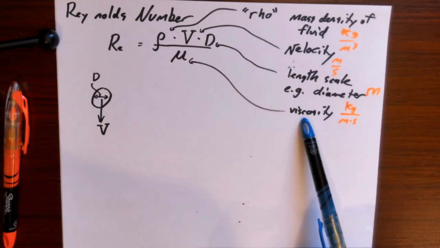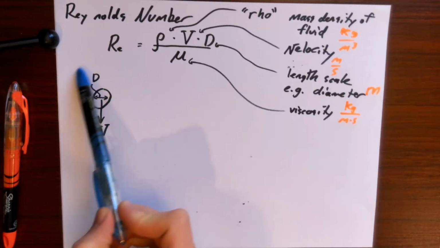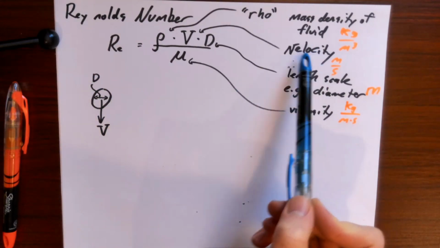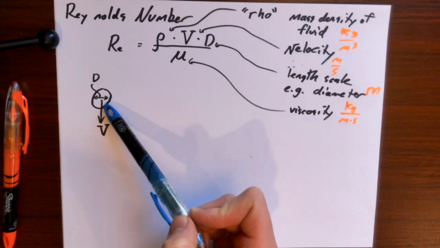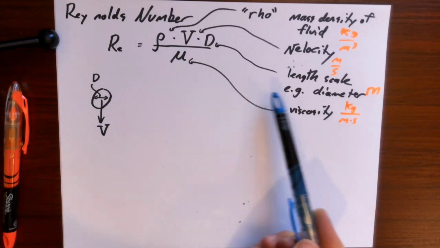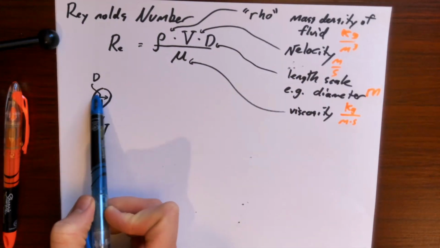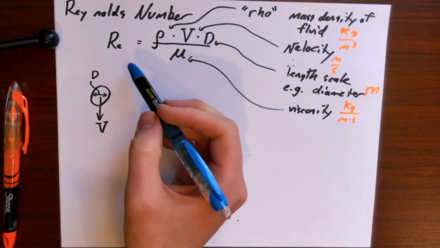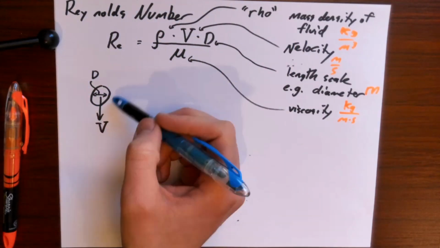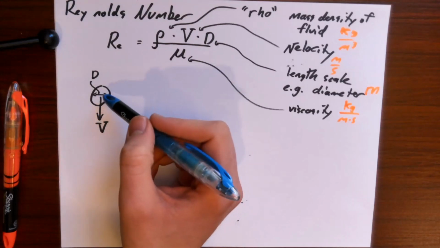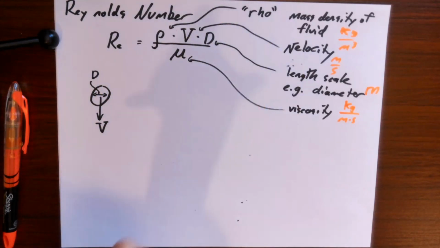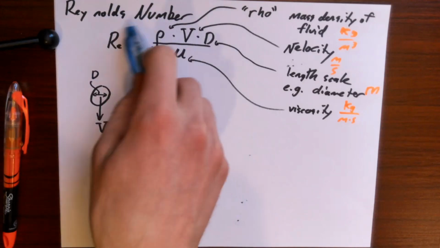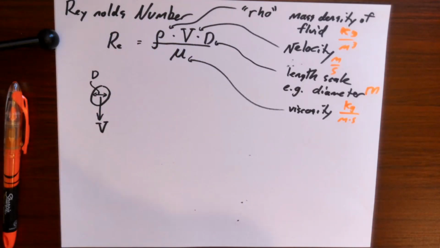Mass density and viscosity would be properties of the fluid around this sphere, and the velocity would be related to its state, how fast it's moving, and then the length scale, the diameter, would be a property of the sphere. So Reynolds numbers are properties of systems, where it involves both the fluid and some objects in the system and how those things are moving. So the Reynolds number is a property of the whole system.